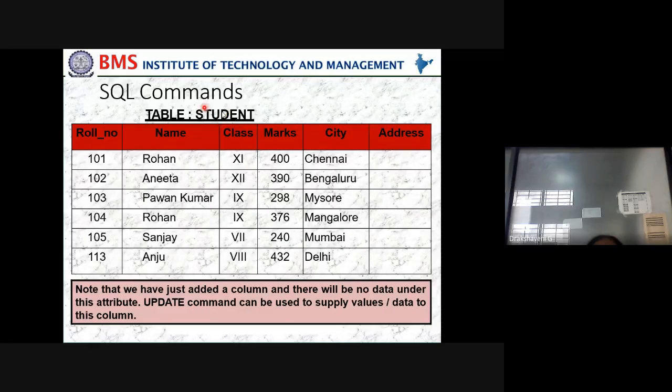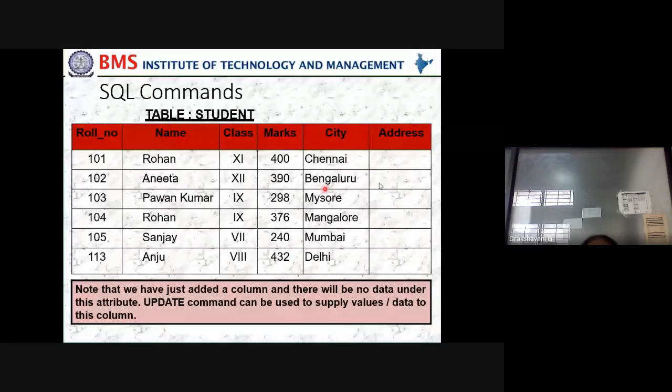Here we can use update table student set address as something where roll number equal to 101, or you can give the name. Then change it once more: update table student set address equal to something where roll number equal to 2.